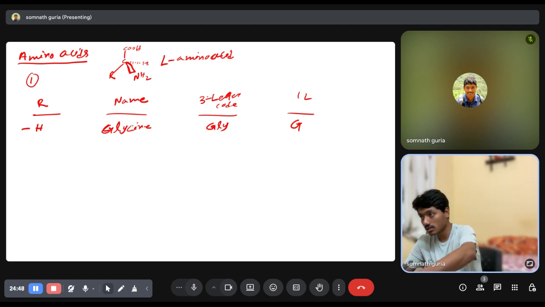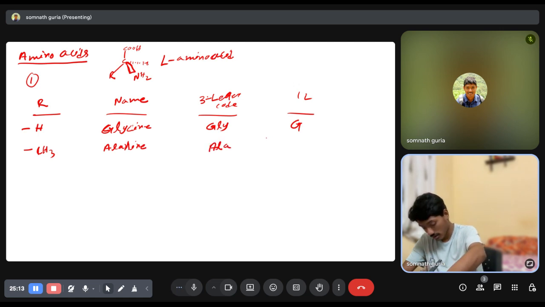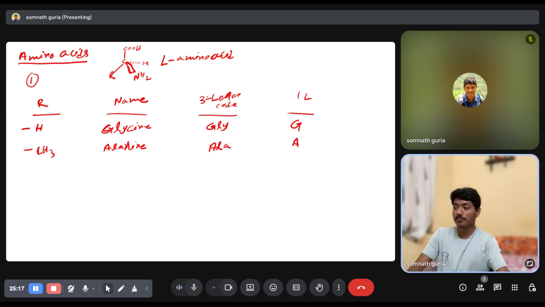Second, if we introduce a CH3 group where R equals CH3, it is called alanine. The three letter code is ALA, and the one letter code is A.